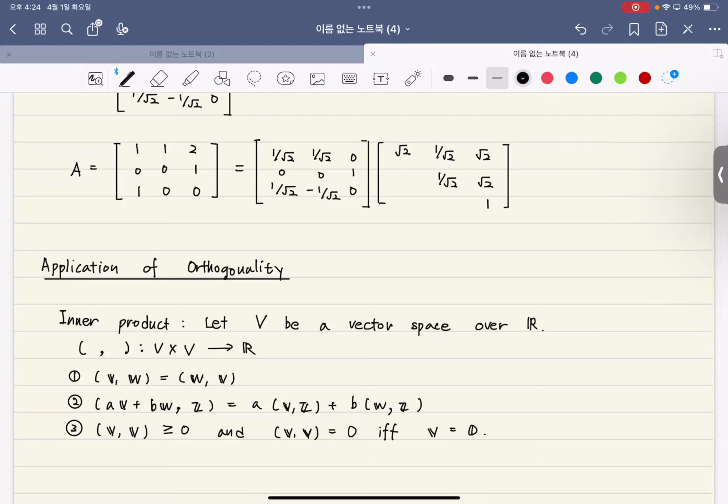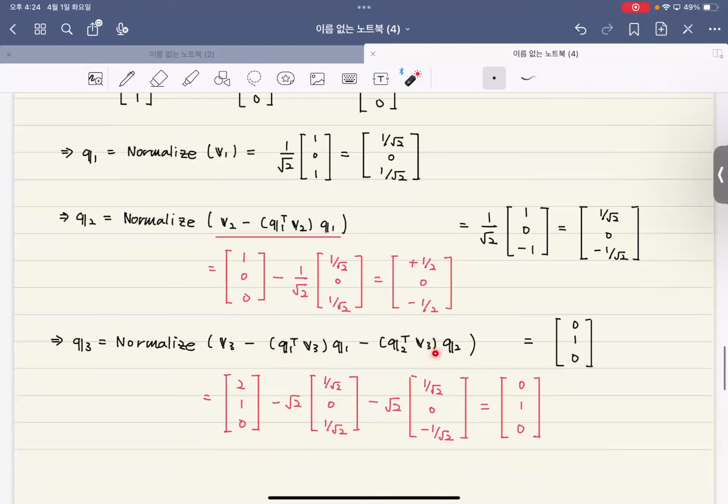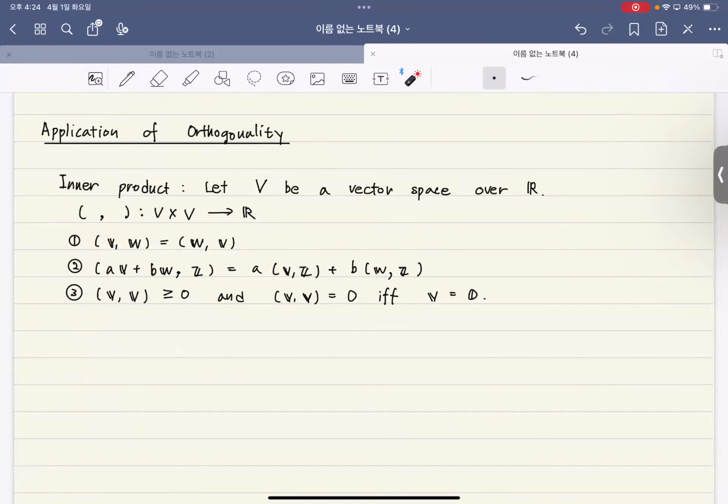So for any abstract vector space V, if you can find a function satisfying all these three properties, then we define such a function as an inner product. This is the definition of the abstract inner product. These are our inner products in Euclidean space, and clearly they satisfy all three conditions.